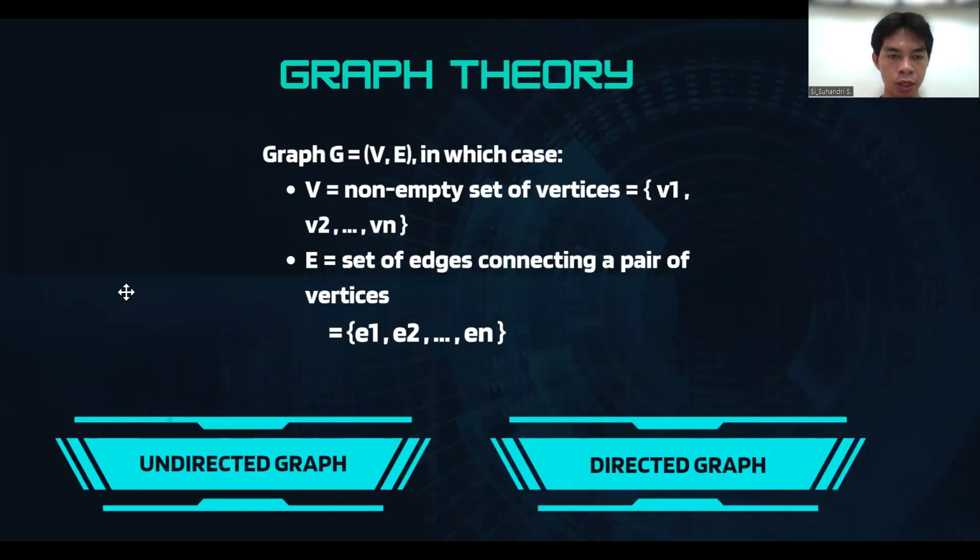Graph theory. A graph G equals in brackets V, comma, E, in which V equals a non-empty set of vertices, equal to curly brackets V1, V2, and so on up to Vn.